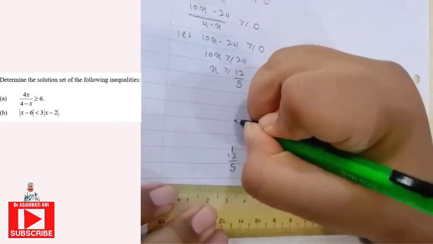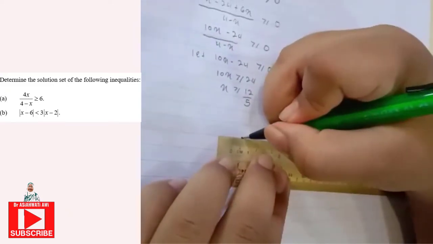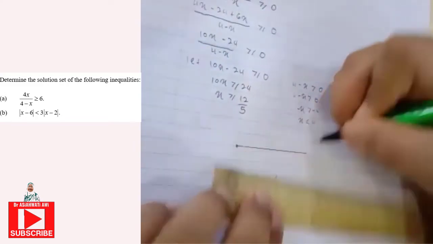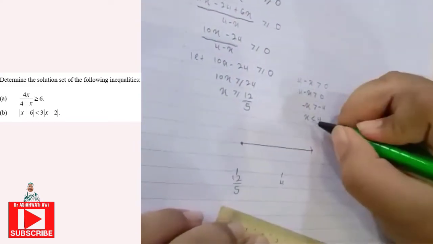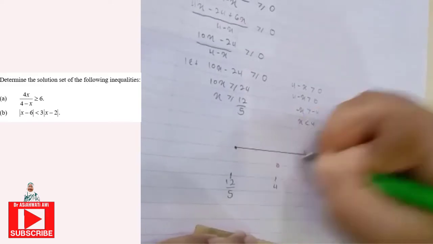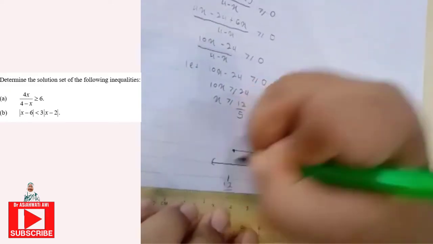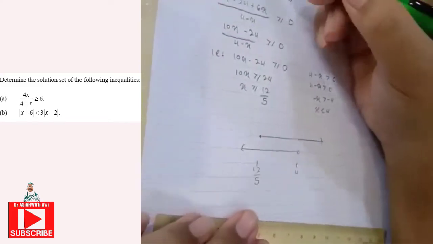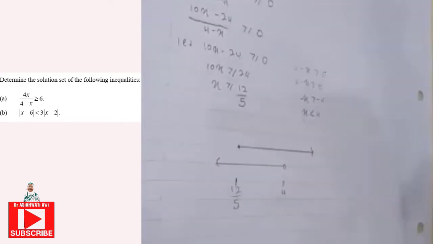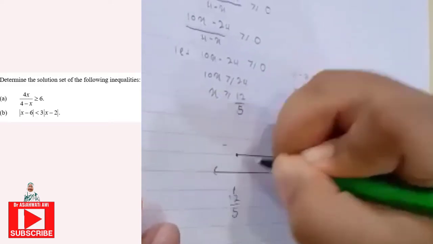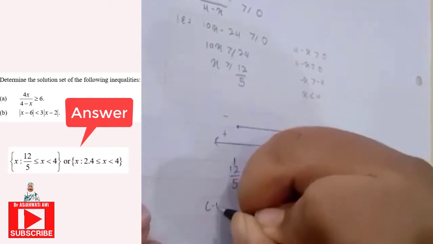So we darken the dot and draw to the right side. And x is less than 4, so we just dot it, not darken it, and then draw it to the left side. Since the question asks you to find the positive side, this region is negative, positive, so it becomes the negative side.